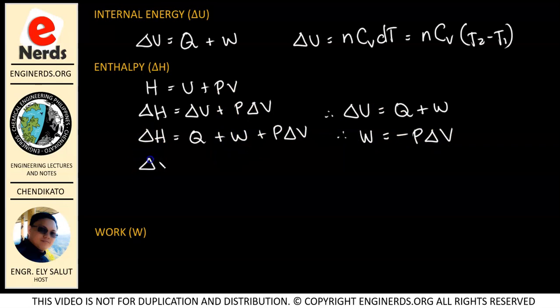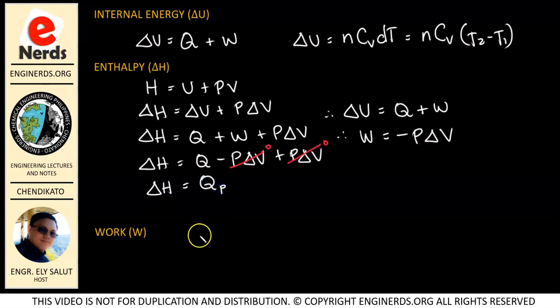Okay, so therefore we have delta H is equal to Q, then replacing W by negative P delta V, we have negative P delta V plus P delta V. So as you can see, this one will be equal to 0. Okay, negative P delta V plus P delta V will be equal to 0. So therefore, our delta H is equal to our heat at constant pressure, right?